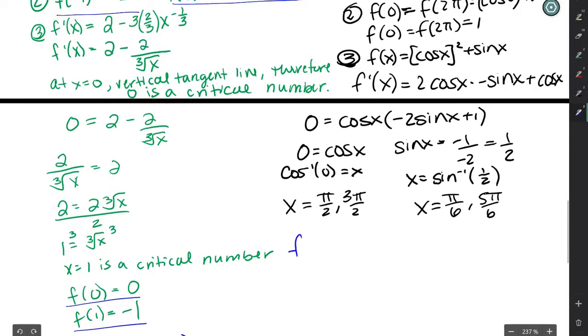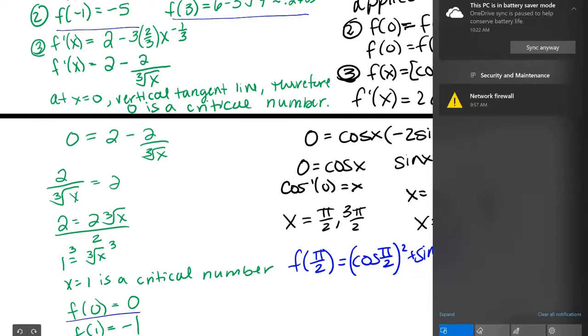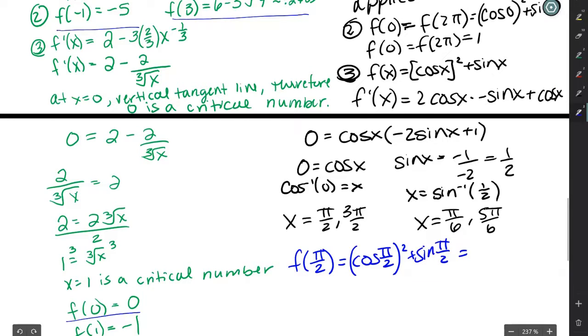So f of pi over 2 would be, my original equation was cosine squared, so cosine of pi over 2 squared plus sine of pi over 2, which would give me 1. If I do f of pi over 6, that will give me 1.25.